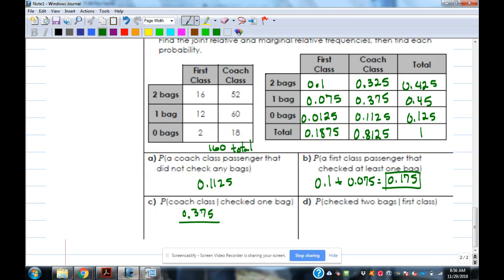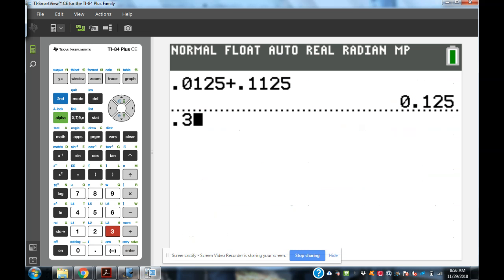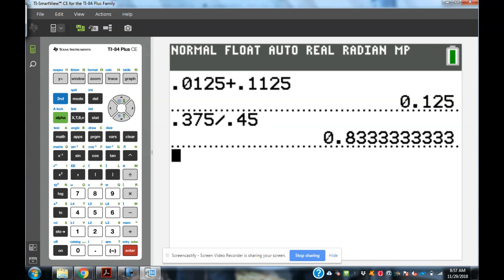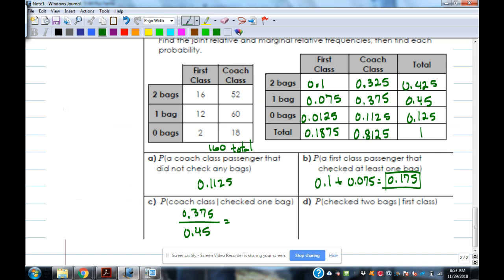Right there, 0.45. If we divide those two, that's going to get us our probability. I don't do that in my head. 0.83 repeating. Use that bar notation we used when we were kids.